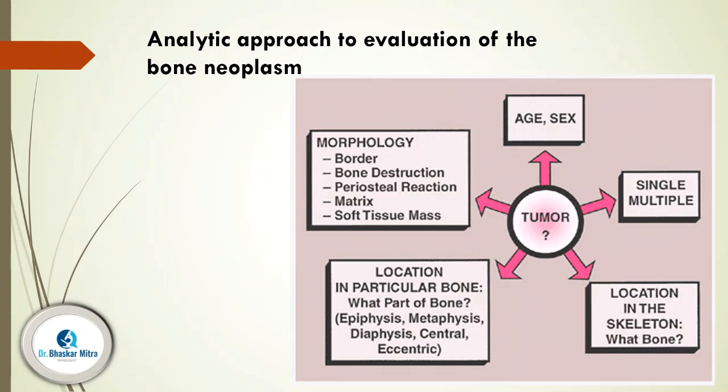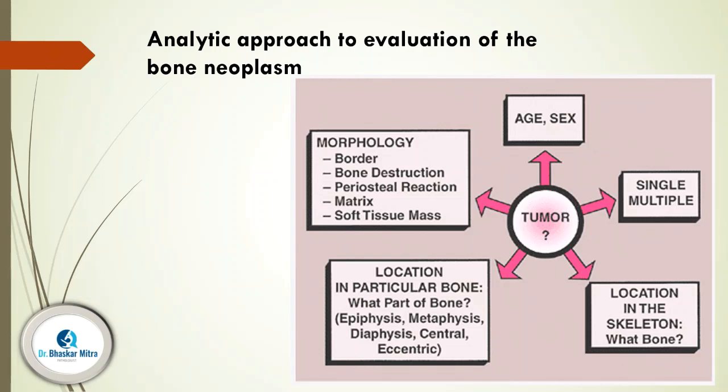Whether the lesion is single or multiple. What is the location of the lesion in the skeleton? In which bone? Is it in the long bone or the flat bones or an individual bone, whether it is in the epiphysis, metaphysis or diaphysis region? Here comes the role of radiology in determining the location.